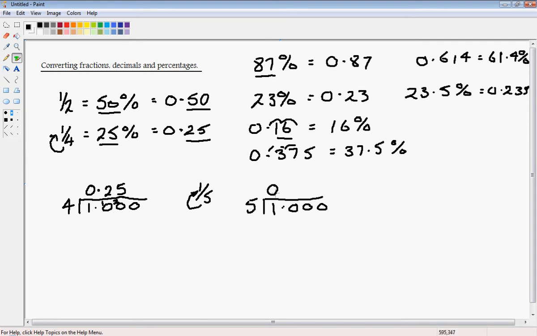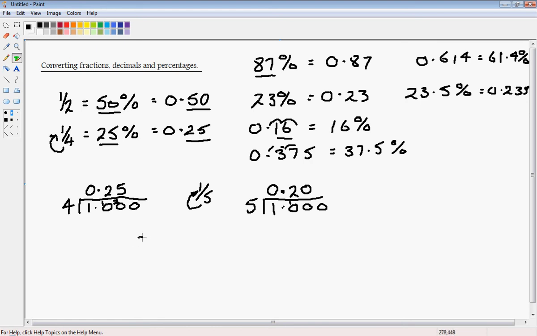Now 5's into 1 we know doesn't go, so this 1 gets carried across. Don't forget to put in a decimal point. 5's into 10 goes 2. So 1/5 is the same as 0.2 or 0.20 if you want. So this would be 20% as a percentage or 0.2 as a decimal.